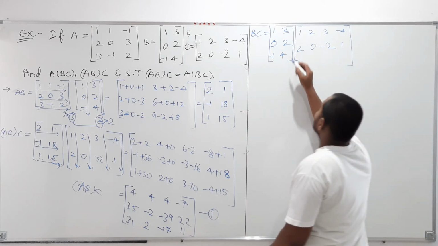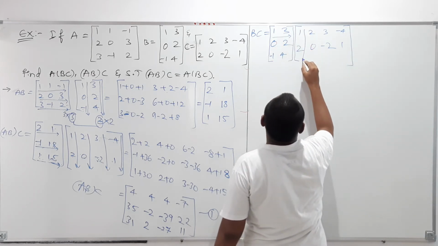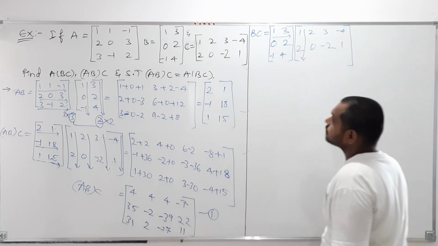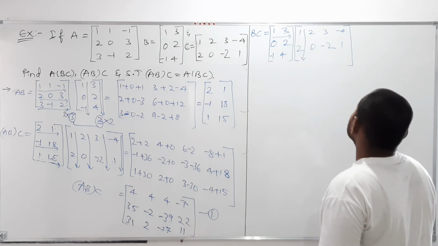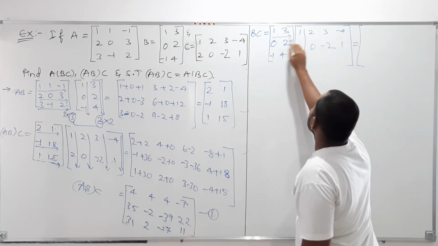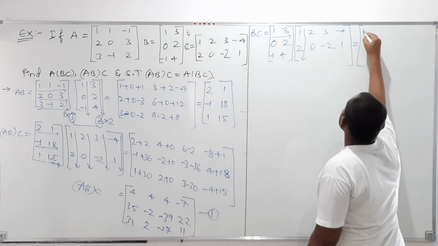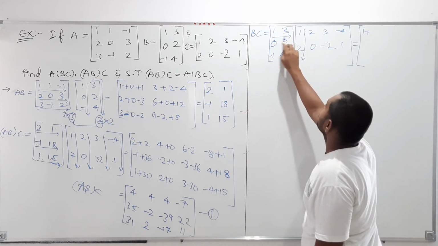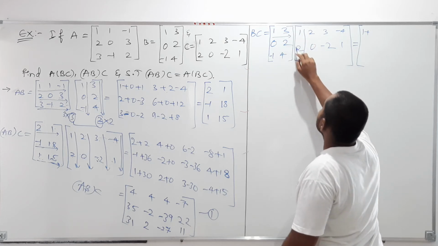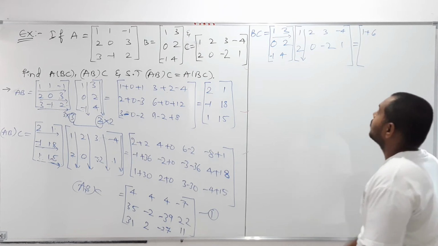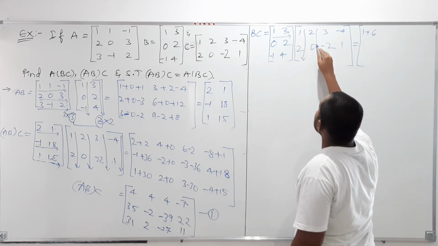So now row by column. This gives you, here it is, equal to, row by column. So 1 into 1 is 1, plus 1 row by column, 1 into 1 is 1, plus 3 to the 6. Clear? First row, first column. Next, first row, second column.